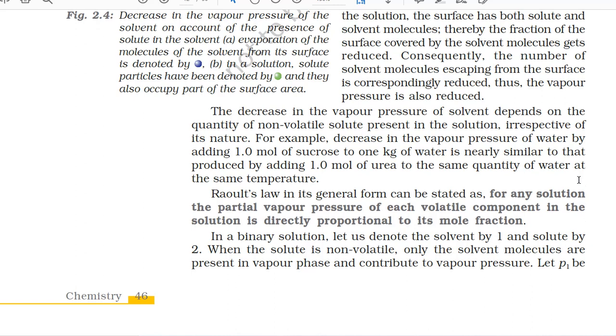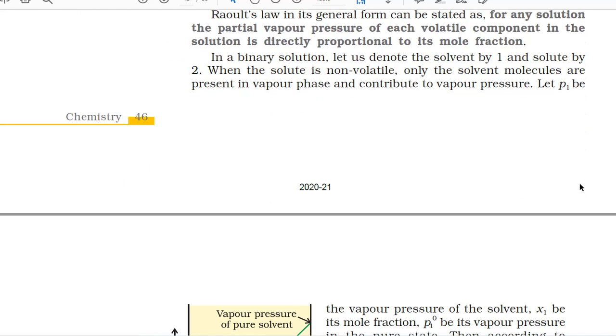Raoult's law in its general form can be stated as: for any solution, the partial vapor pressure of each volatile component in the solution is directly proportional to its mole fraction. In a binary solution, let us denote the solvent by 1 and solute by 2. When the solute is non-volatile, only the solvent molecules are present in the vapor phase and contribute to vapor pressure.